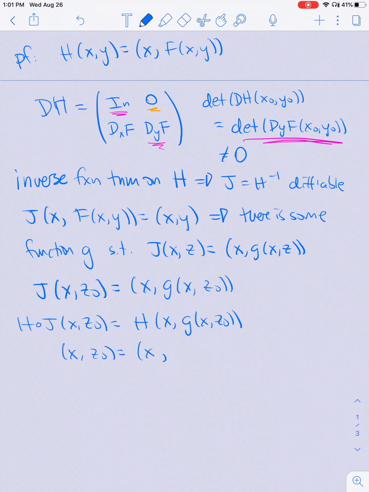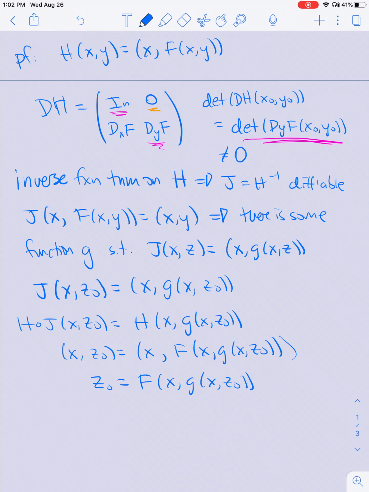And by the definition of h, this is h of x comma f of x, g of x, z naught. And now if I just take the second component, this tells me that z naught is f of x, g of x, z naught.